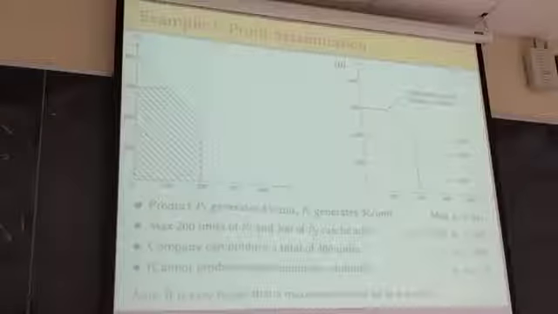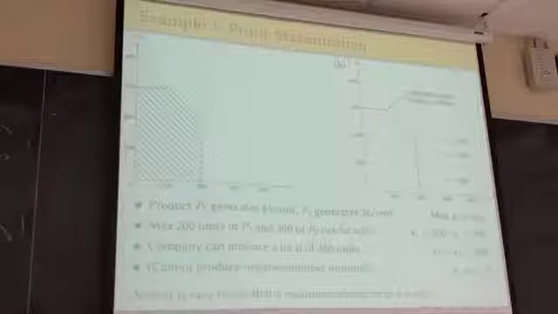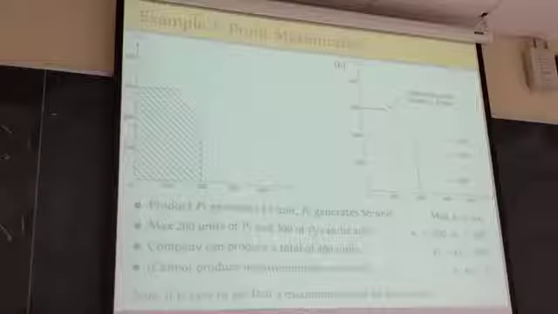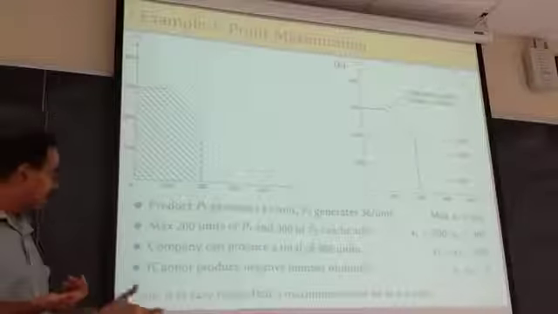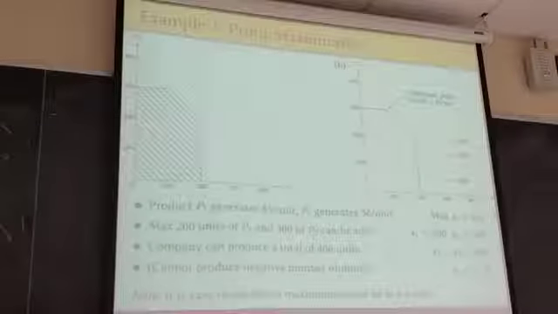And there is also a capacity constraint, right? The factory cannot produce more than 400 units altogether. And now you want to maximize the profit.